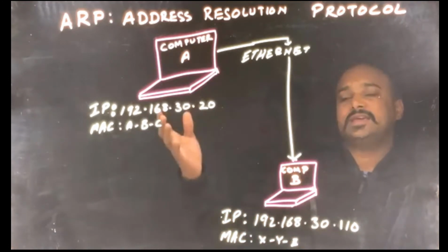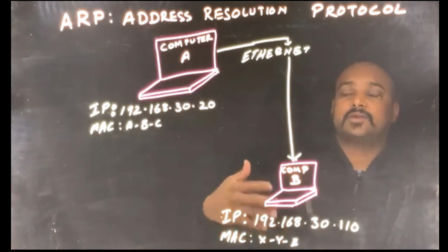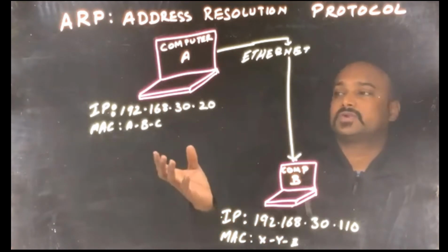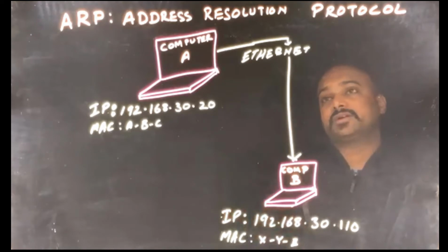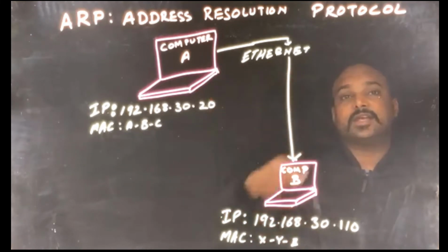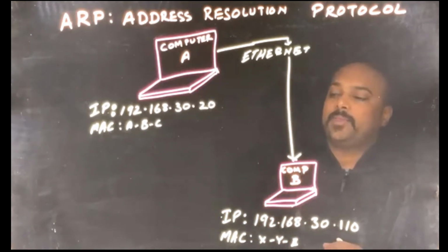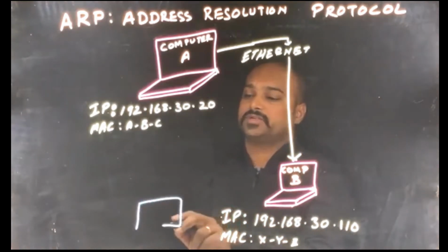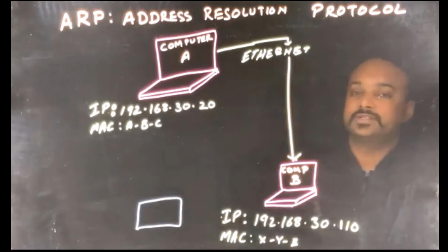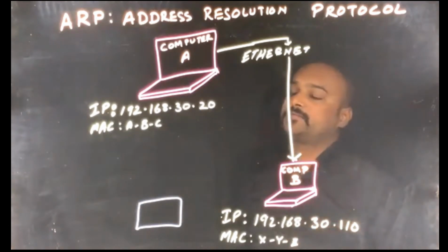Now, when device A needs to talk to B, it not only needs an IP address, but also a MAC address. A and B are connected through an Ethernet cable. So, a packet will be created before it tries to send it out on the internet or on the intranet.